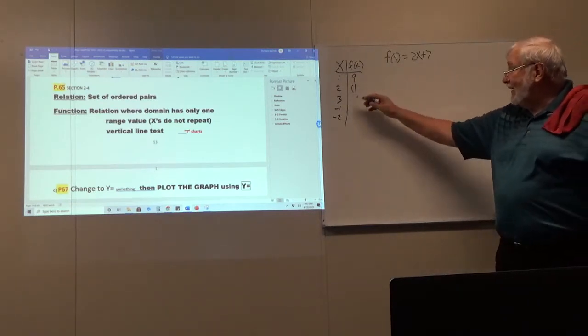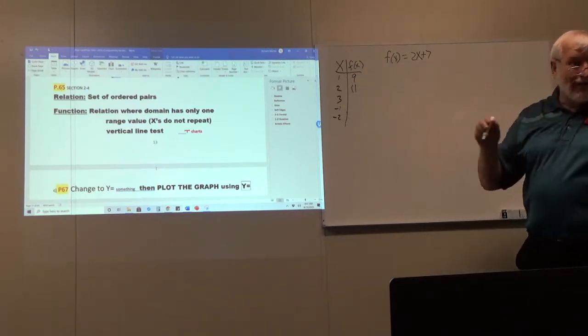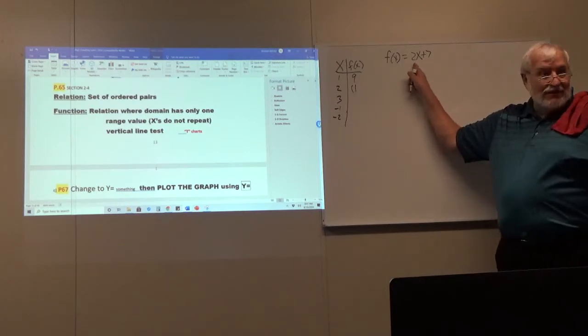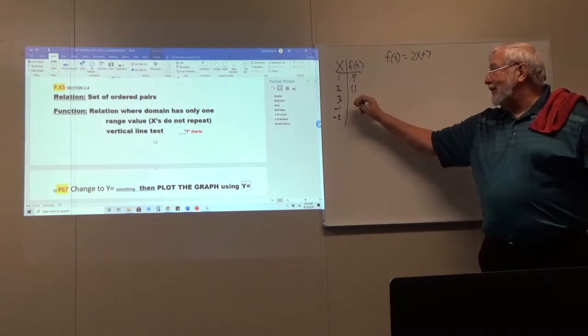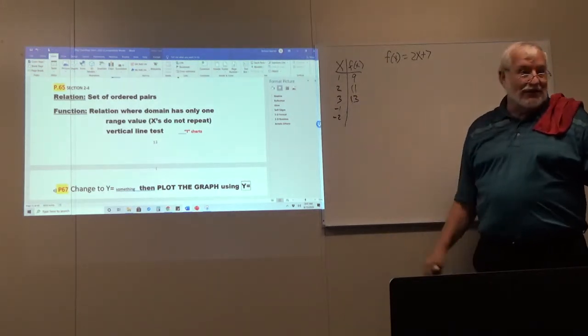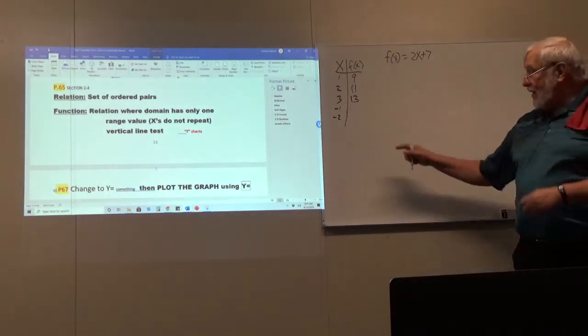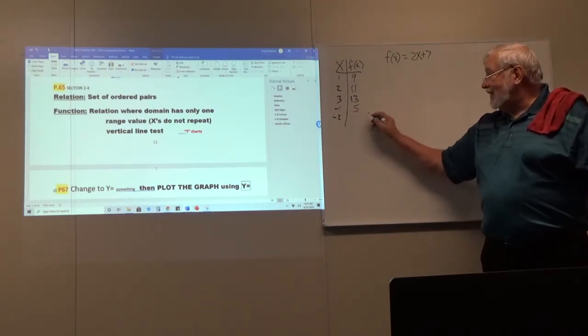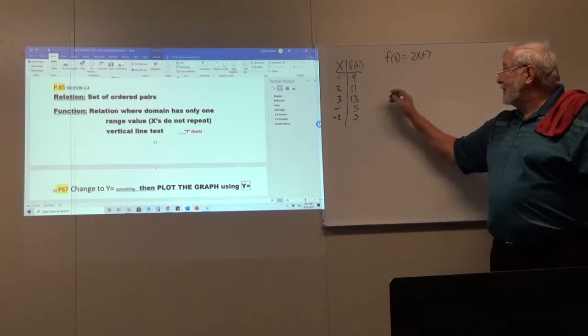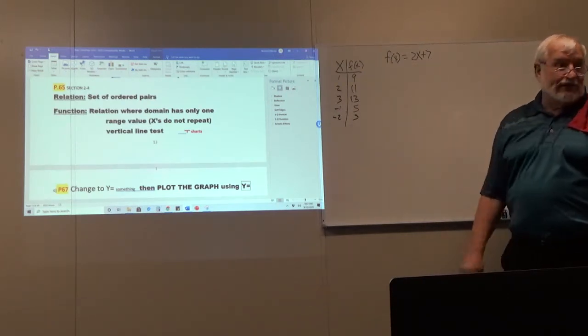Now watch. What's this? This is the slope of 2, right? 9, 11, and 13, because they're all in order. If it's -1, this will be 5. And then that'll make this 3, because I'll have -4 plus 7 is 3.